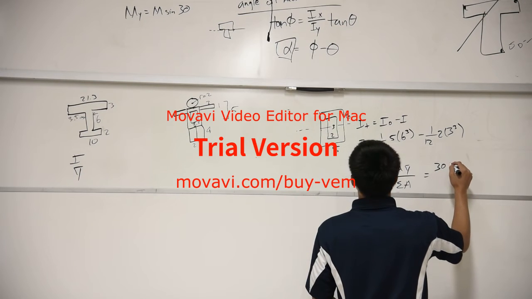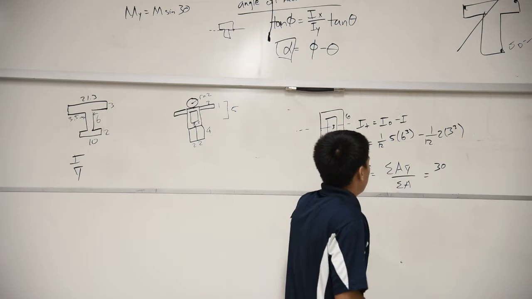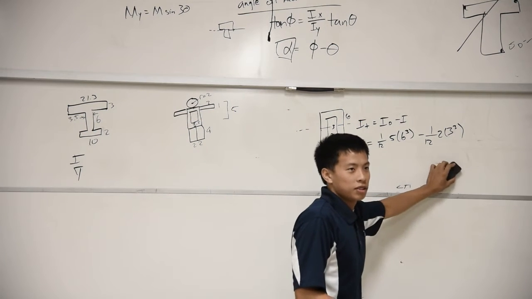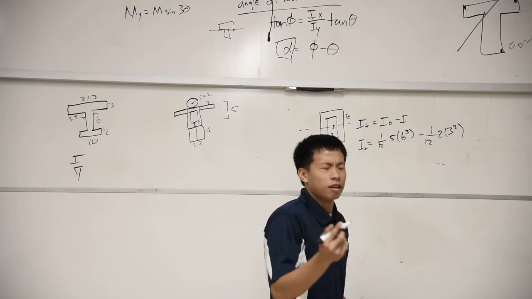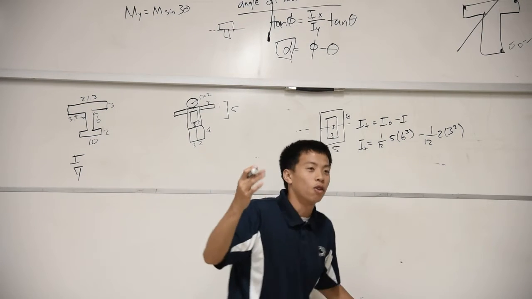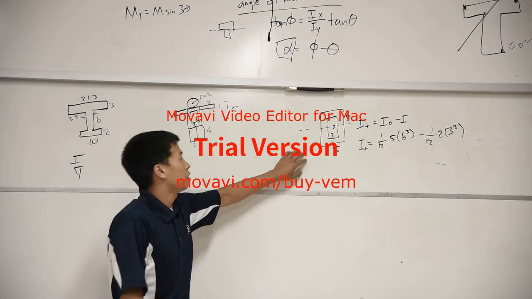Wait, no, y bar is in the middle, what am I doing? But you know what I'm saying, right? If it's got mass, it's a positive number. If it doesn't have mass, it's negative. If it's a hole, it's negative. So that's how you deal with hole stuff.